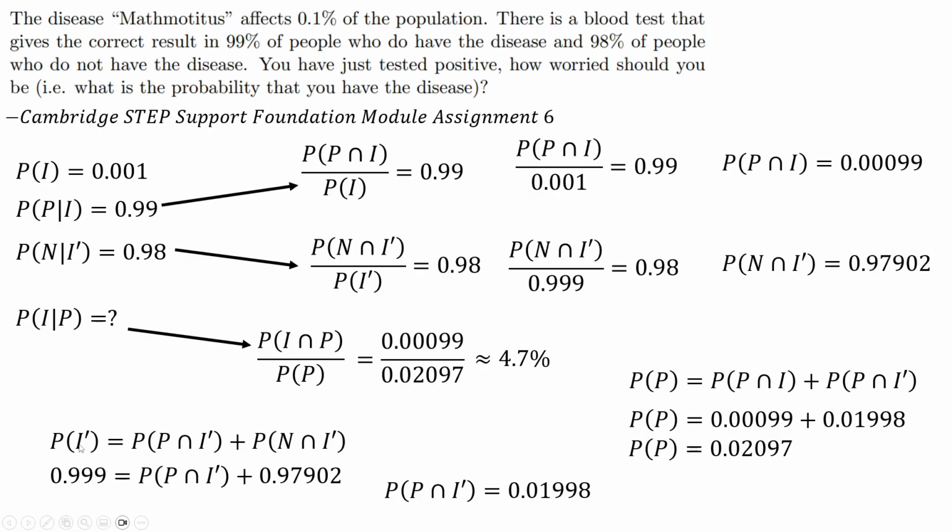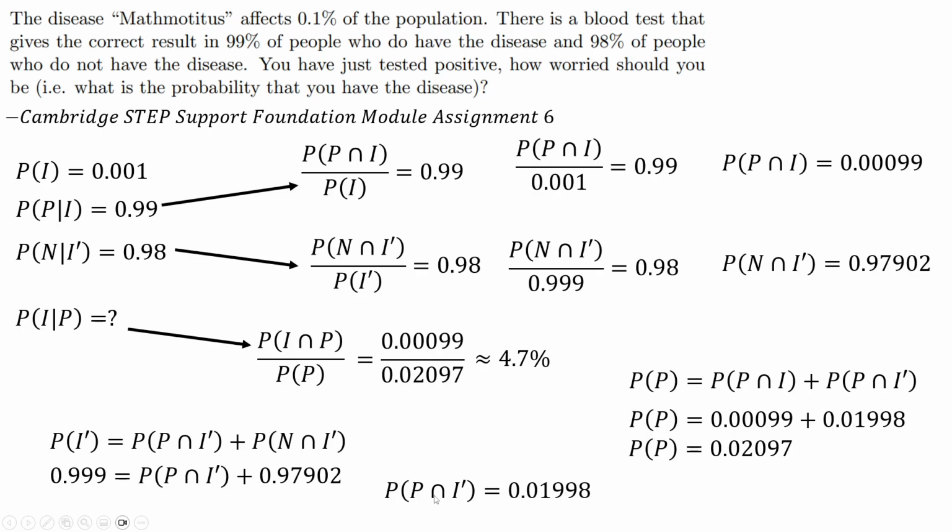Sorry, I might have said that wrong at first, but that's what I meant to say. But all of those were just in terms of I's, and I wanted I dash. So I thought, okay, let me instead consider the probability of not being infected, which led me to this equation here.